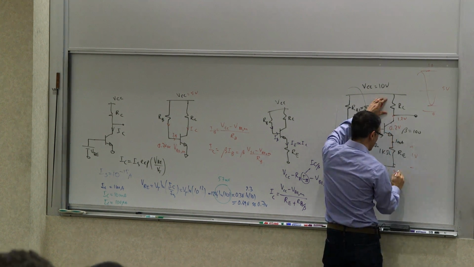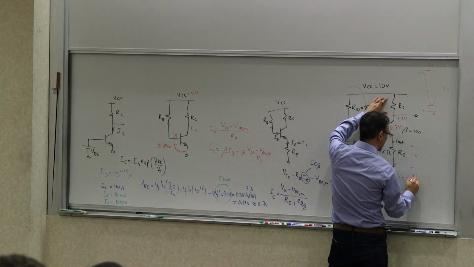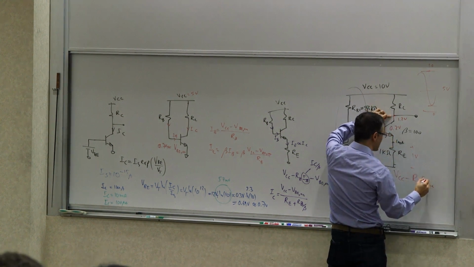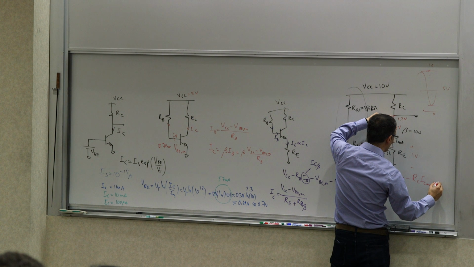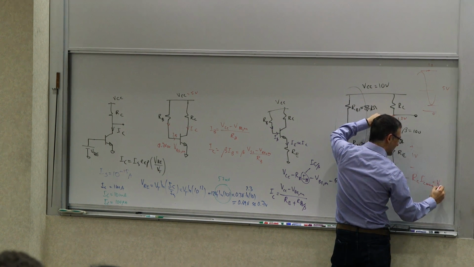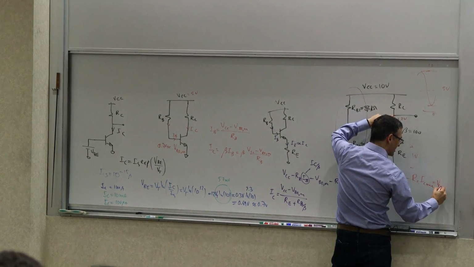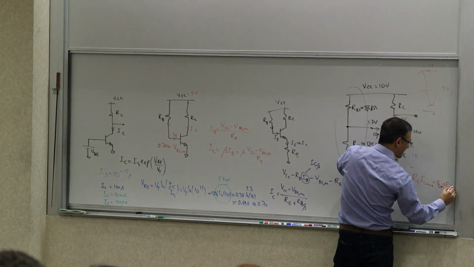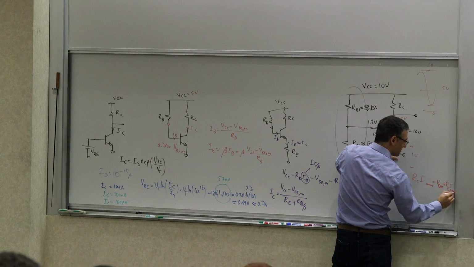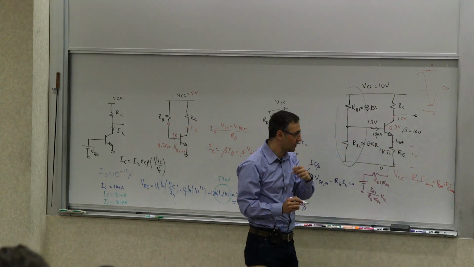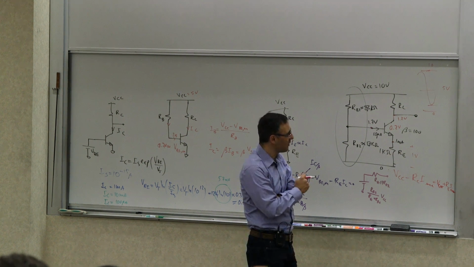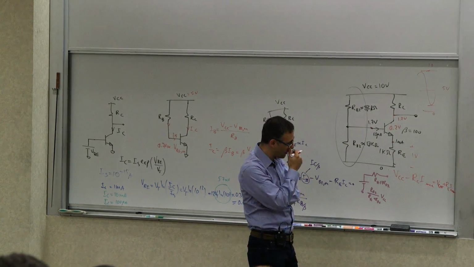So this voltage, VCC minus RC IC max at that point, which is the voltage at this node, has to be equal to V sat plus RE times that IC max, or let's call it I max. Okay? So we can solve for I max, or we can solve for RC, one of the two.